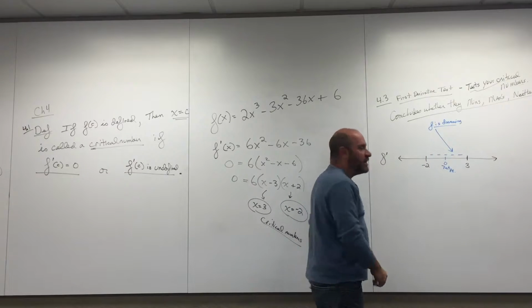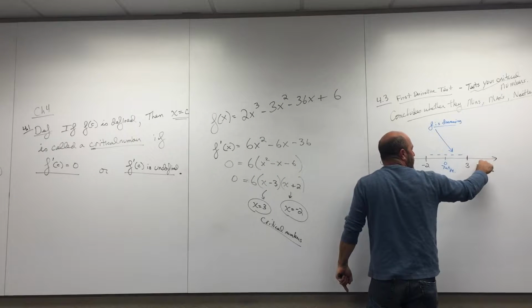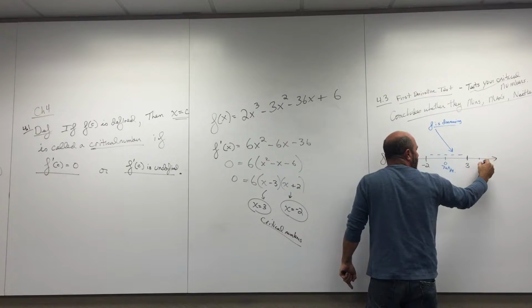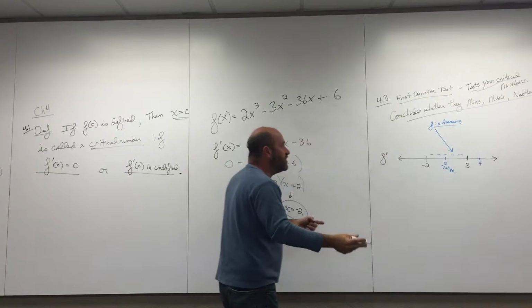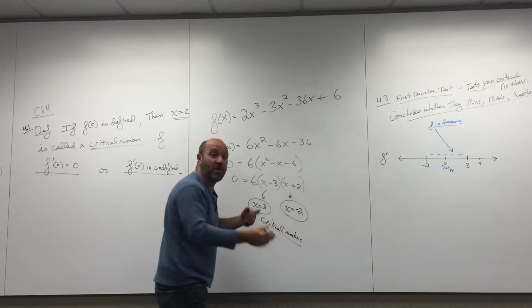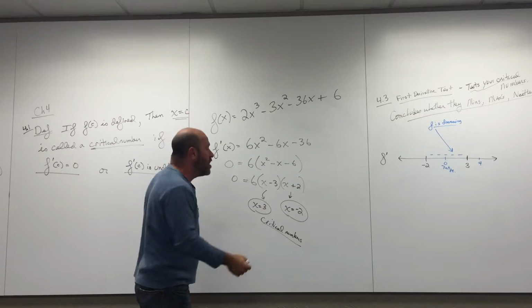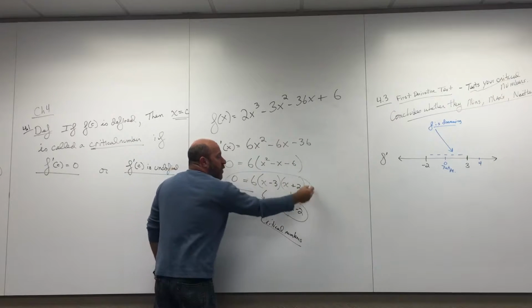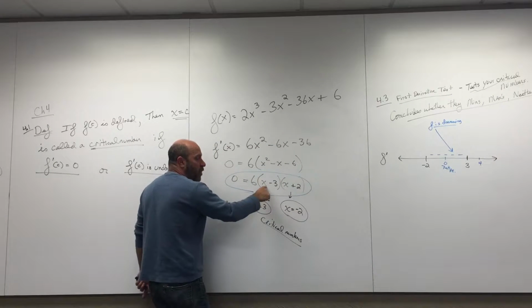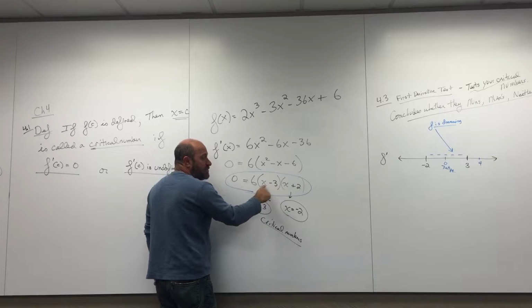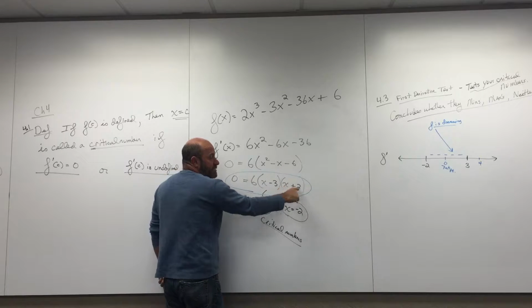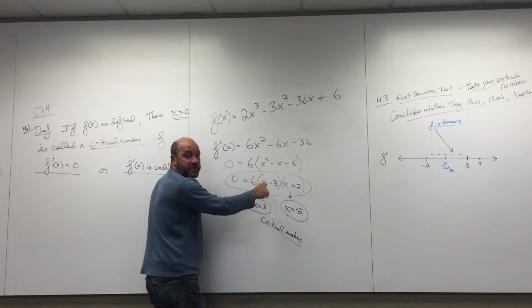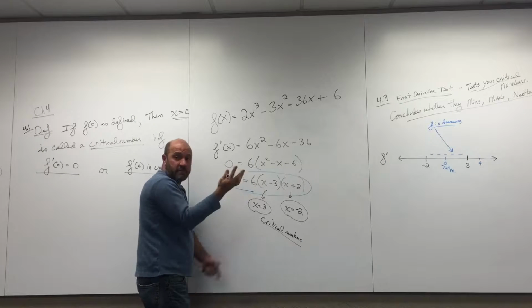All right, let's test another region. Let's go past the 3. You want to pick 4? Let's pick 4. 4 is my little test point. I plug it into the derivative to test whether the derivative is positive or negative. When it's in factored form, it's pretty nice because you can plug the 4 in and just say, that's positive. Positive times 6 is positive.